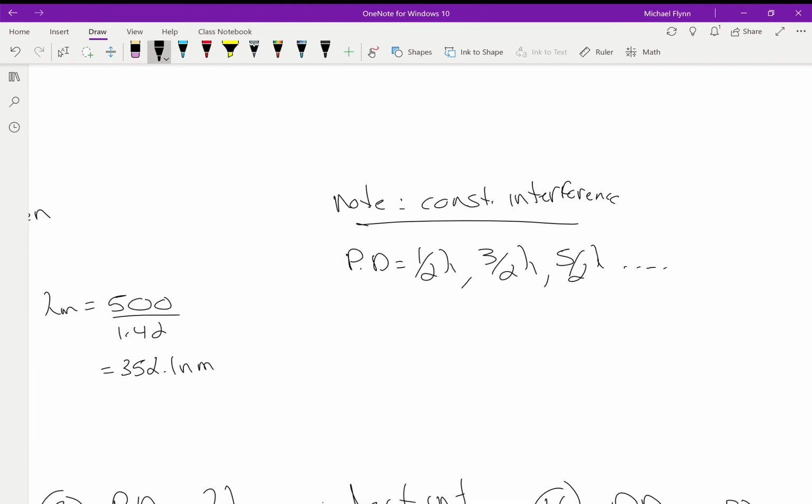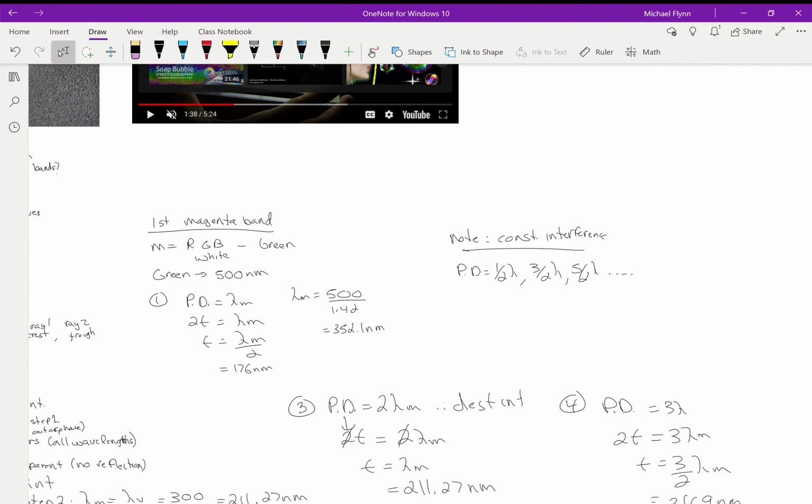And if we wanted to find constructive interference for certain thicknesses, we could do it, and that's how you would do it. All right, so that, in a nutshell, is how you do thin film interference questions.